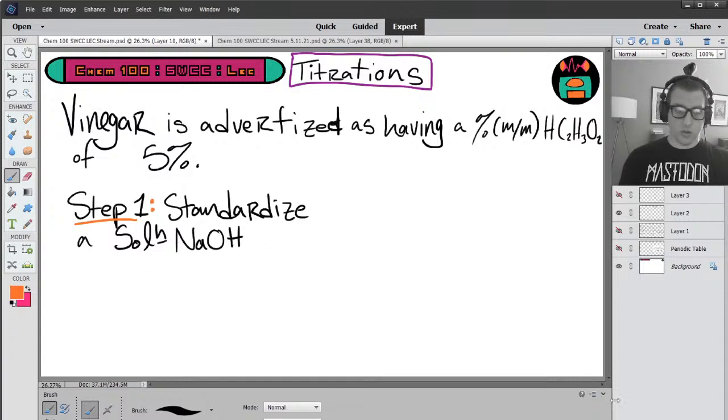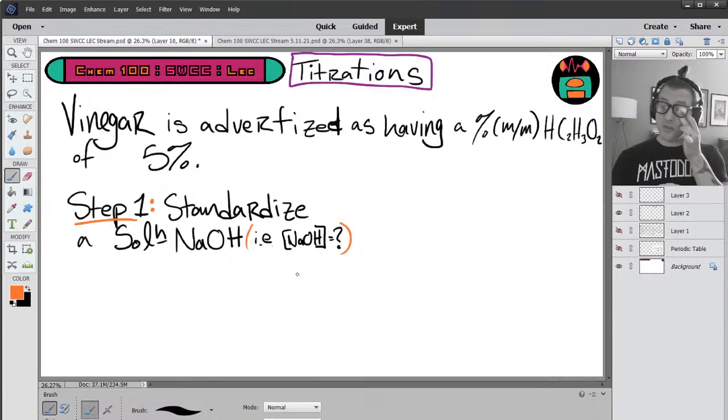In other words, our goal here is to determine the molarity of our sodium hydroxide solution.